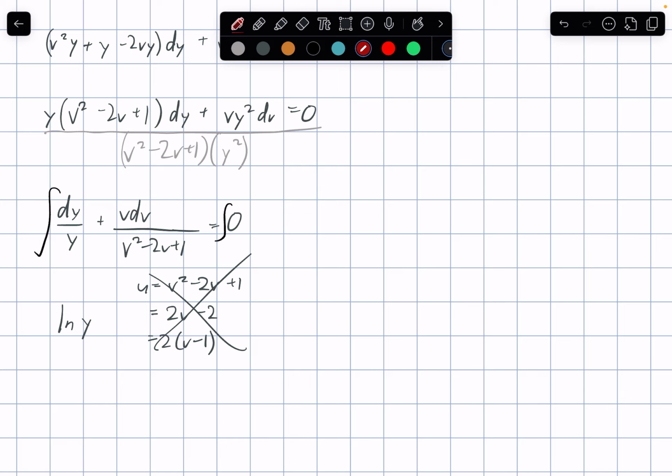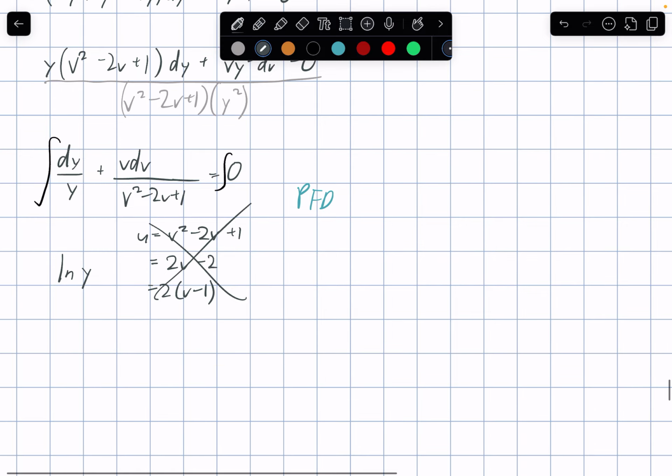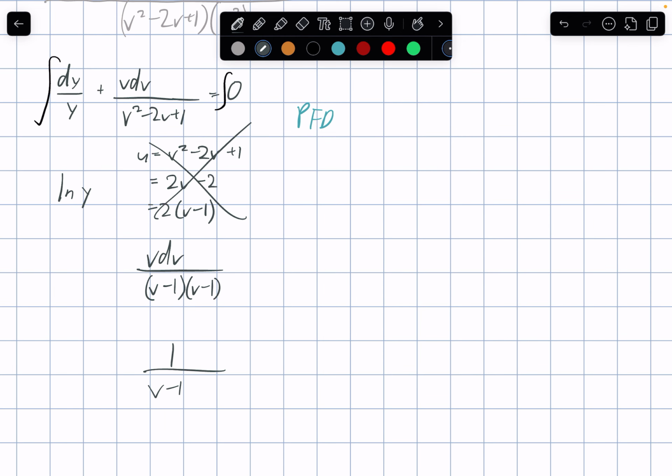Therefore, what we do here is called partial fraction decomposition. So how do you do that? I think there is actually a reason why we could factor the one below. So v minus 1 minus 1. Yeah. So 1 over v minus 1 times v minus 1.